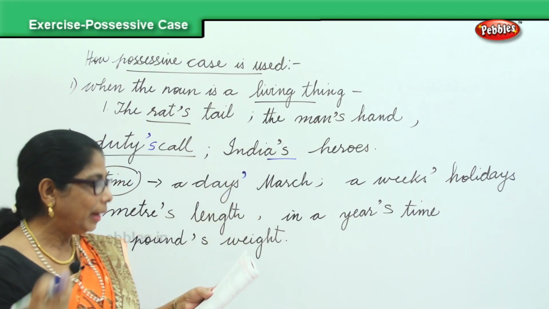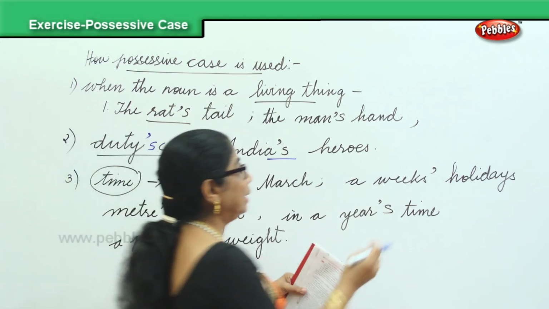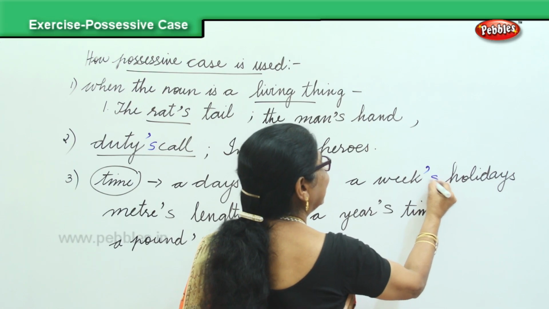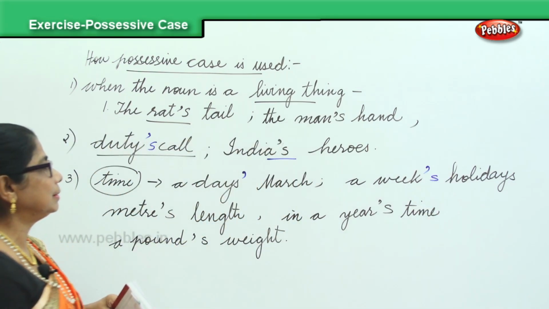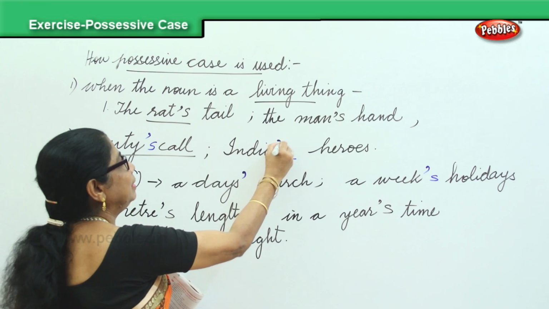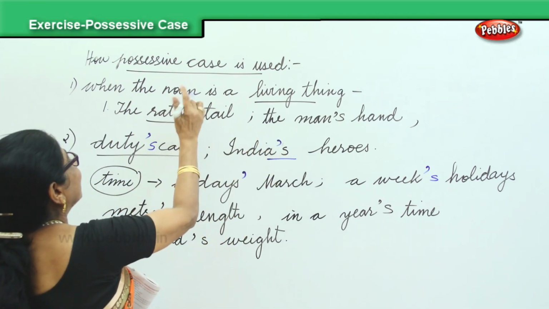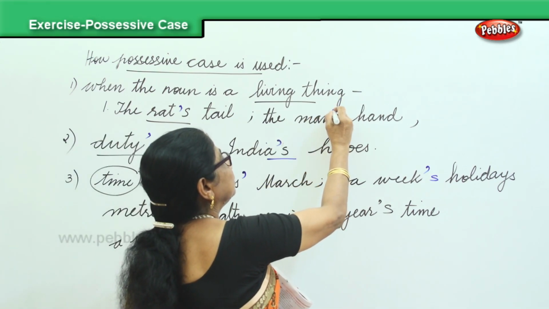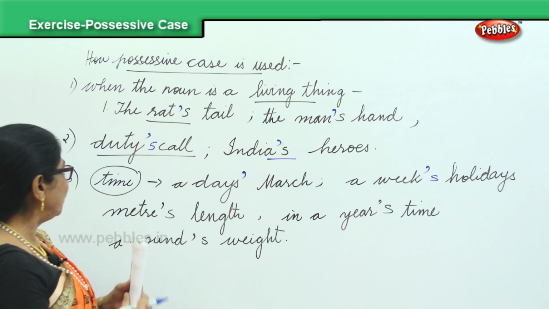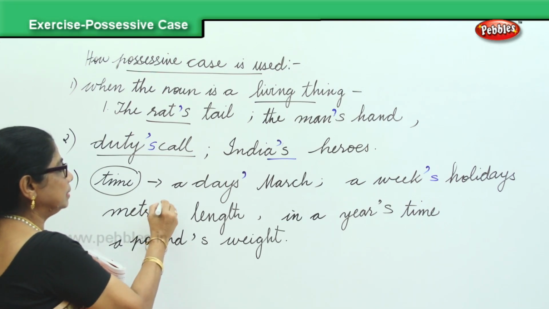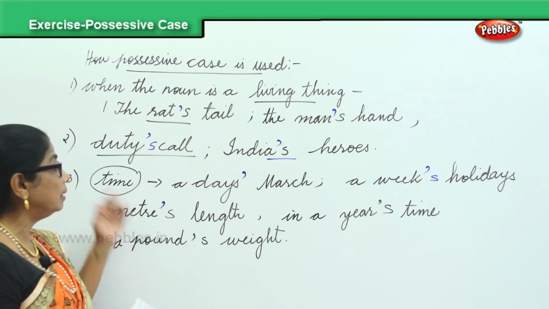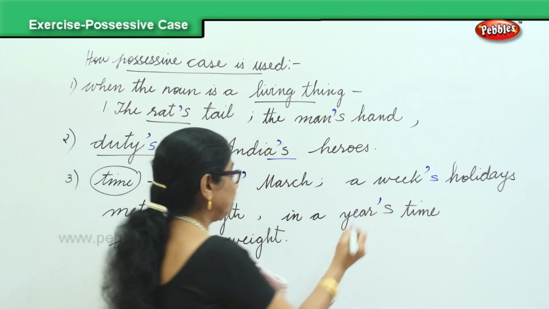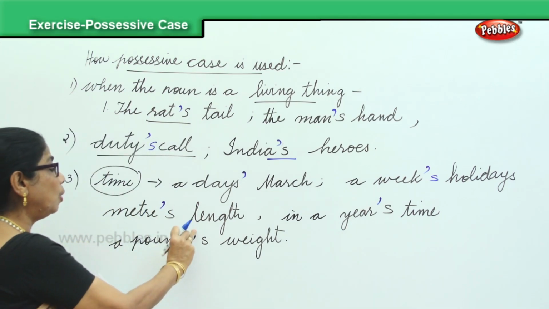When you talk about a week's holiday, you write the week, then the apostrophe, and then S. Now, when you talk about time, meter, you put the apostrophe, meter's length. In a year's time. Then we have a pound's weight.